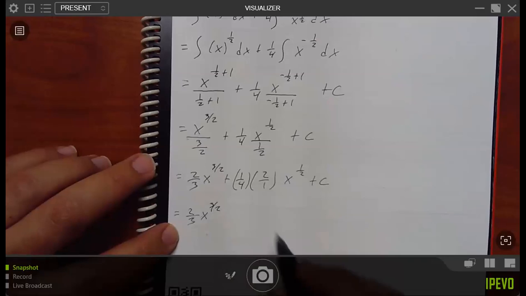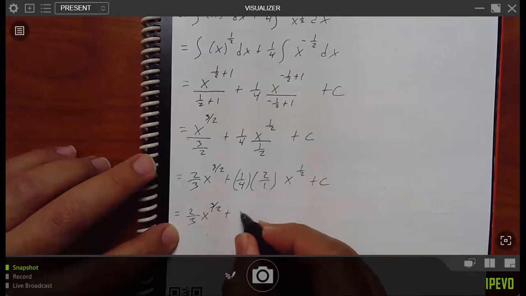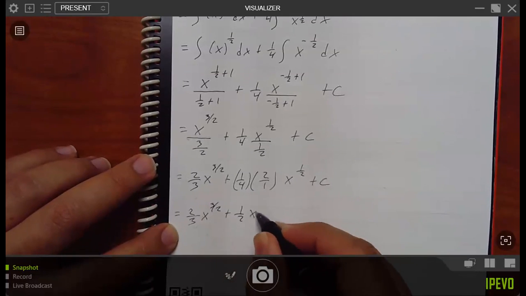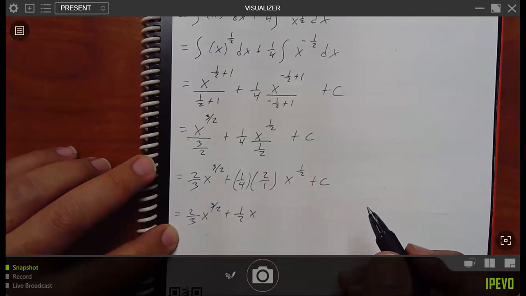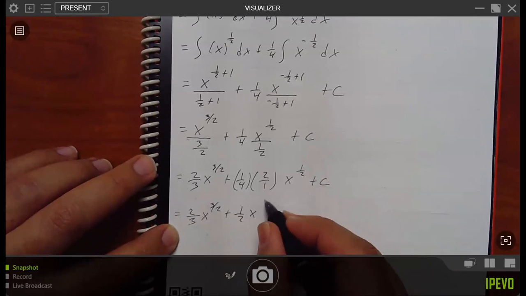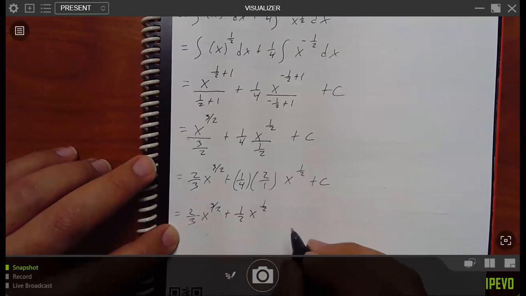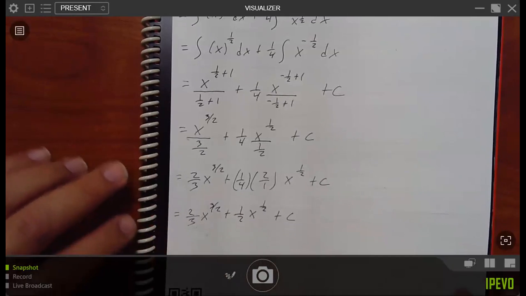Two-thirds x to the 3/2. Multiply that out, that'll be 1/2 x. Yeah, that's right.